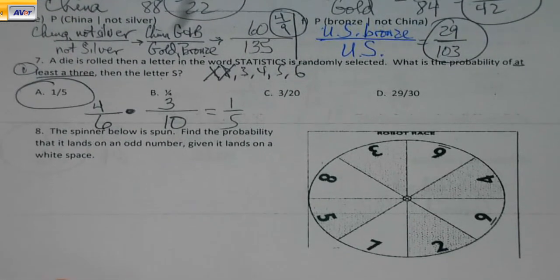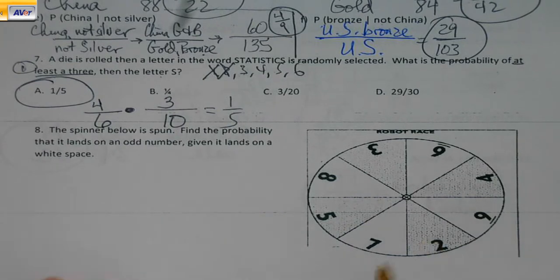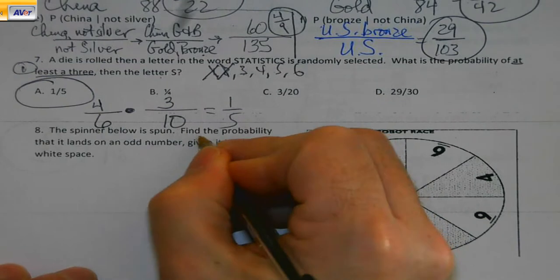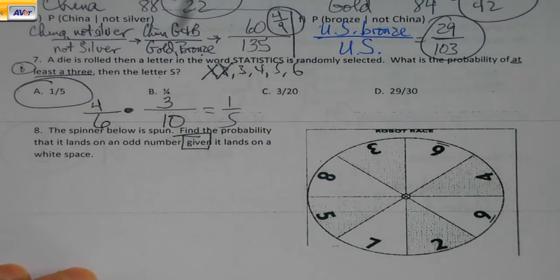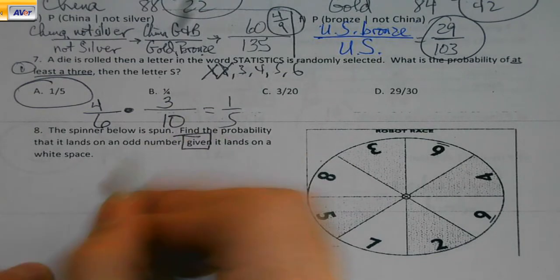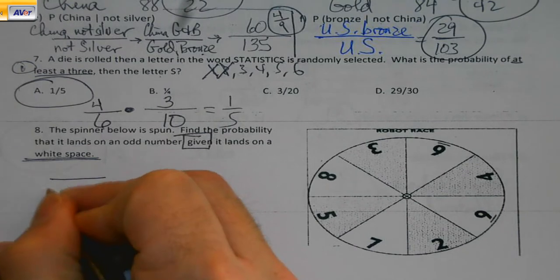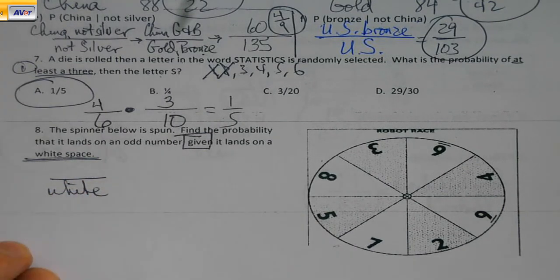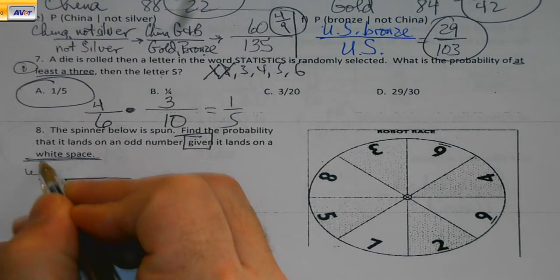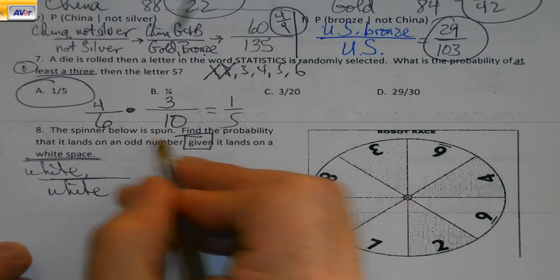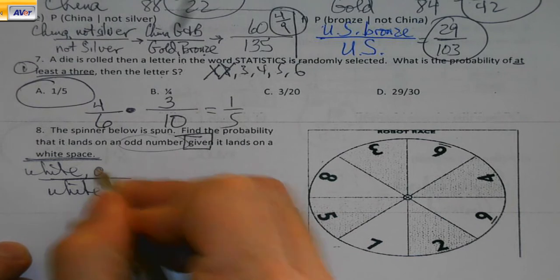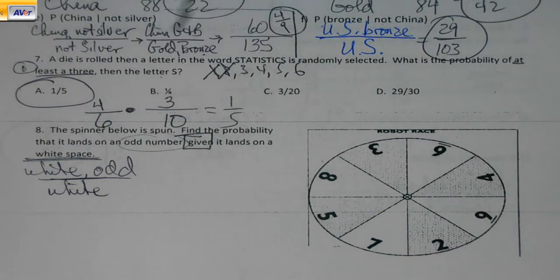All right, the spinner below, I guess the spinner to our right in this case, is spun. Find the probability that it lands on an odd number, oh, magic word, given it lands on a white space. Okay, whatever's after given, white space, is my denominator. And the two events together, which is white space and an odd number, is my numerator.